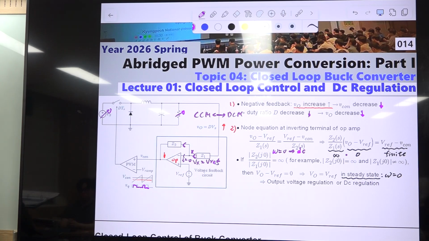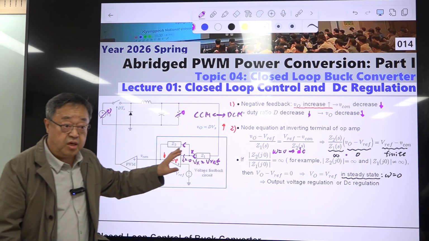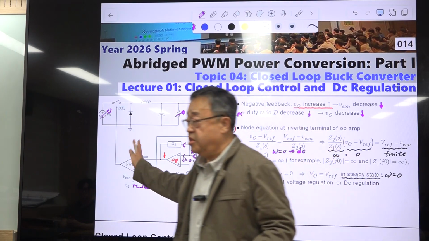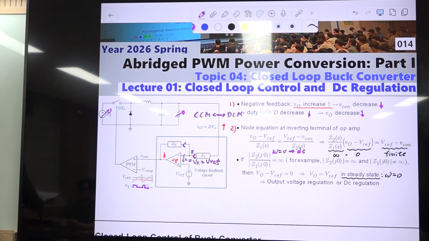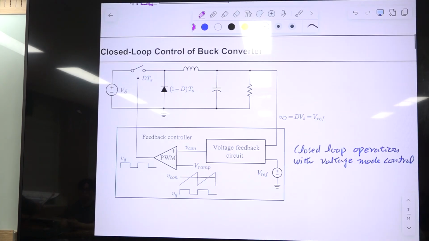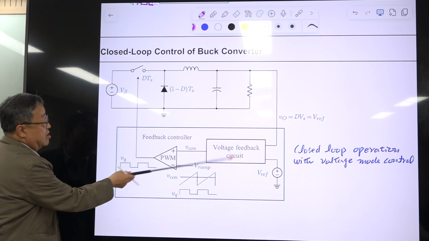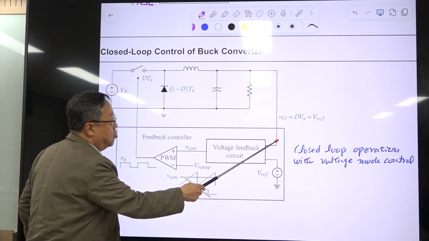Okay, so we'll go back to the beginning of this story and explore some details about this. This is the content of this lecture. We already went through something similar to this. Closed loop control of a converter: the control voltage can be varied, and it is derived from the output voltage.